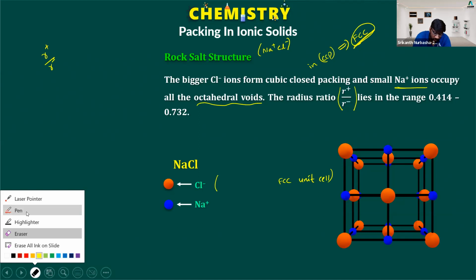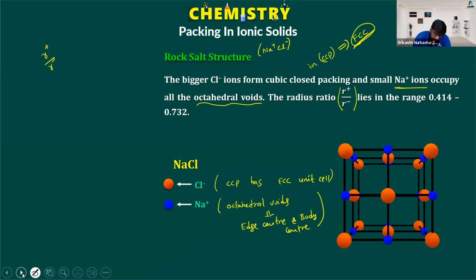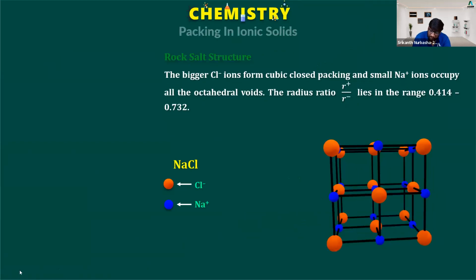The exploded diagram of CCP we have seen, and from that you found that FCC unit cell is present. Na plus are present at octahedral voids. Octahedral voids are actually present at edge center and body center. Right? This will be the structure.